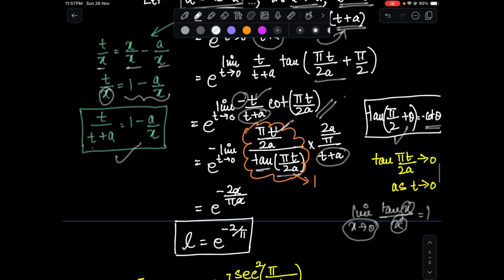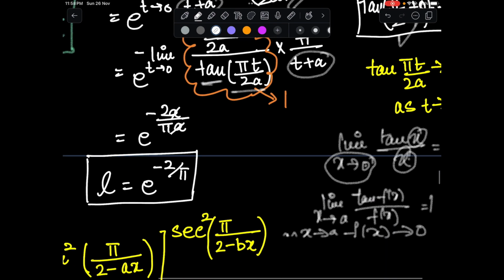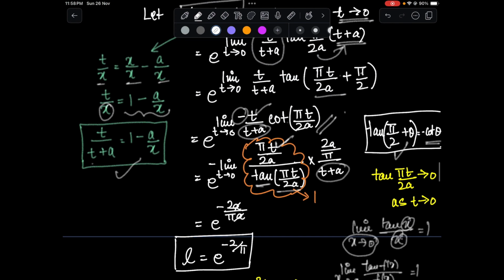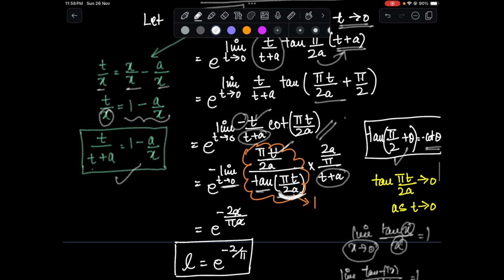In the sense that if limit x tends to a, then tan f of x by f of x is 1 only when f of x goes to 0 as x tends to a. This I have to keep in mind. Now let's see if it's happening. As t is tending to 0, where is this argument going? It's also going to 0. So yes, I can apply.